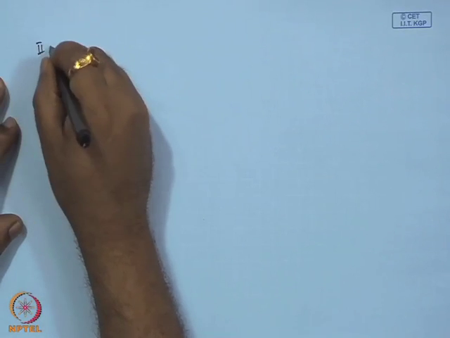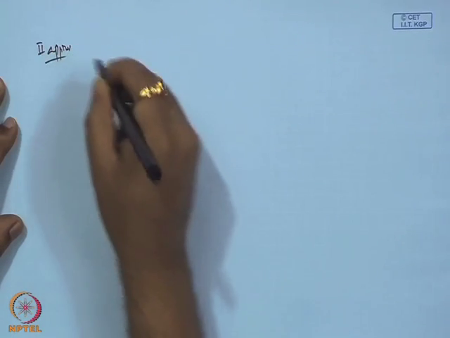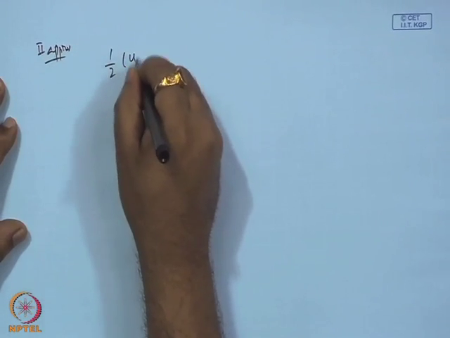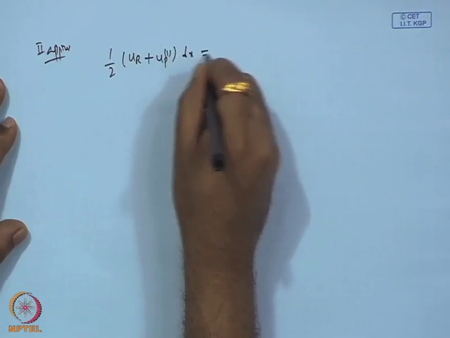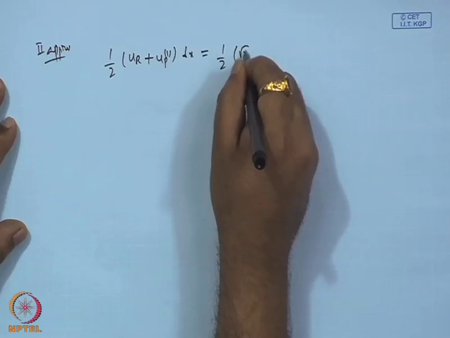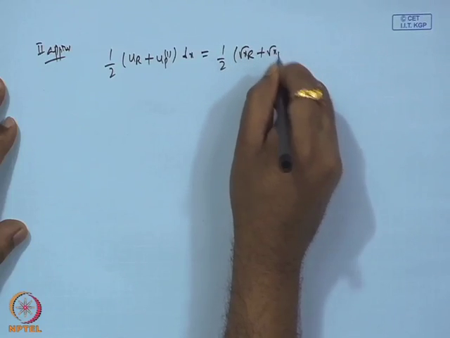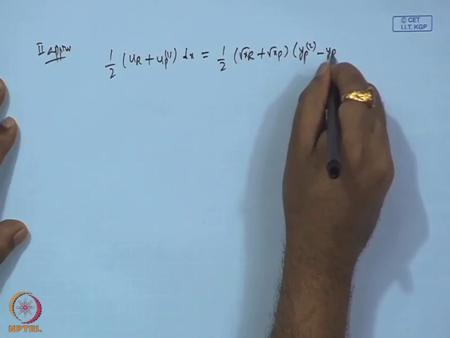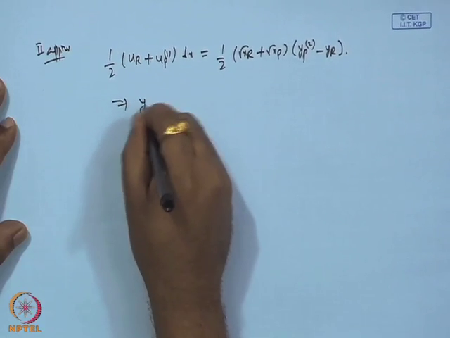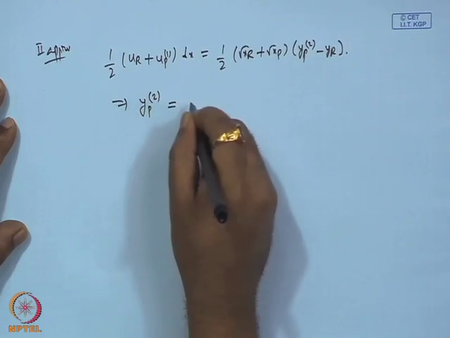So, second approximation. So, we go for u r plus u p 1 dx, x r to x p, y r. So, this will give y p 2.